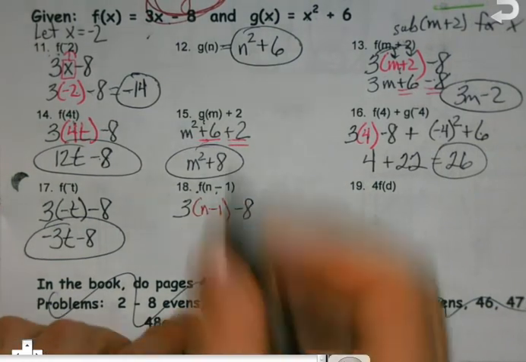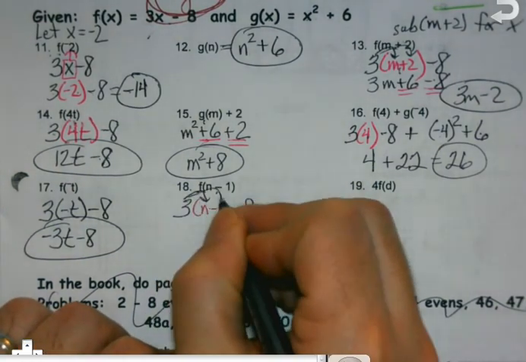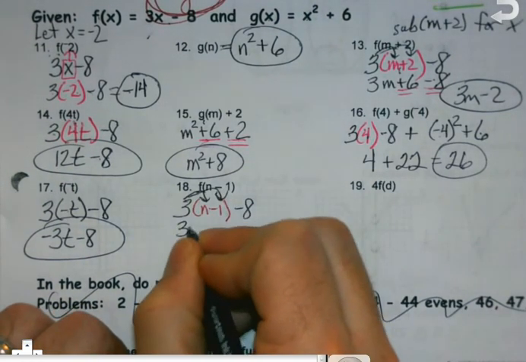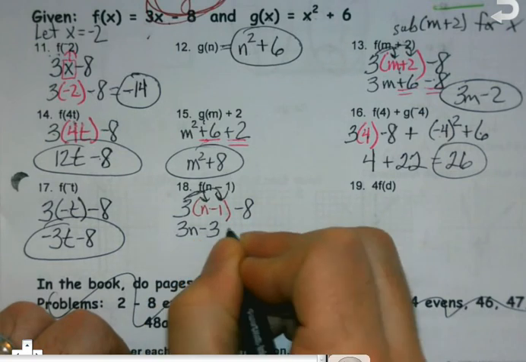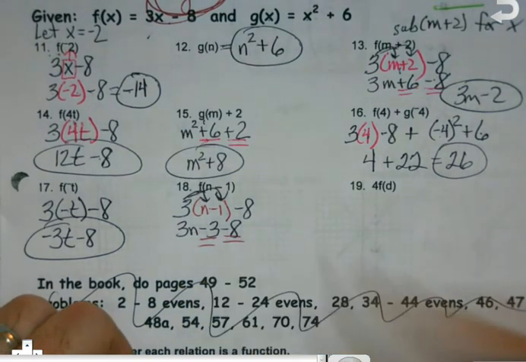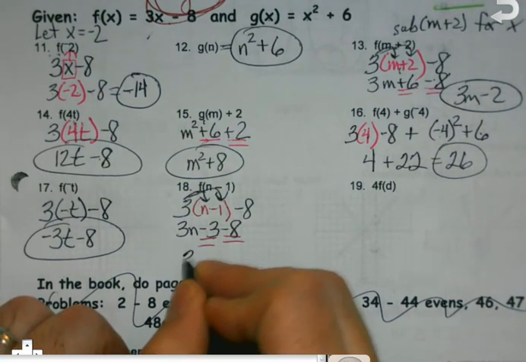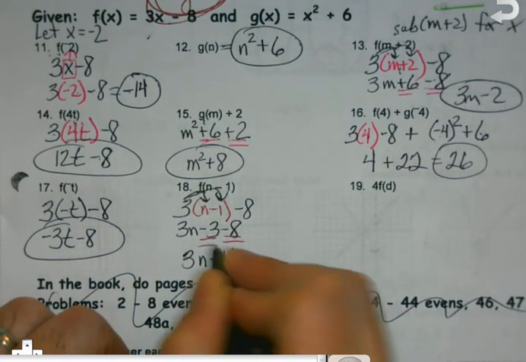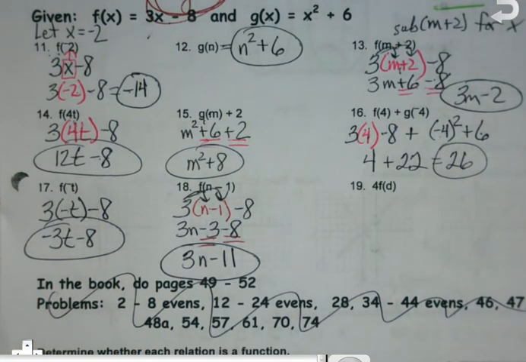And then again, similar to what we did in 13, distribute to both terms, not just the first one, and combine like terms. And then, of course, we have to throw the weird one in at the end. Oh no, it's supposed to be there. Okay?